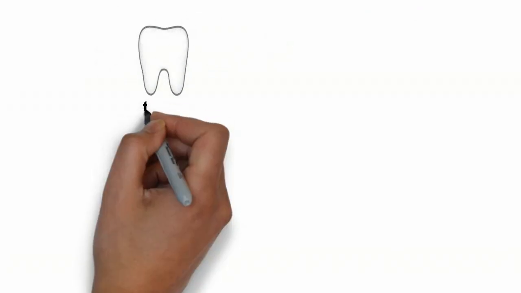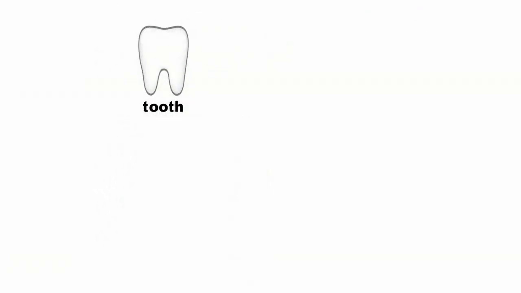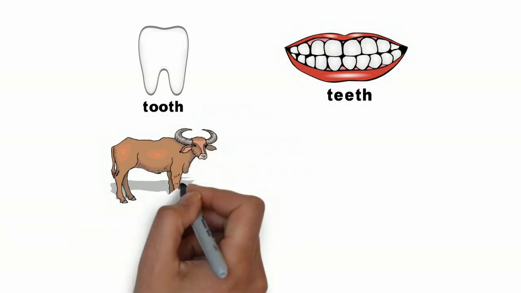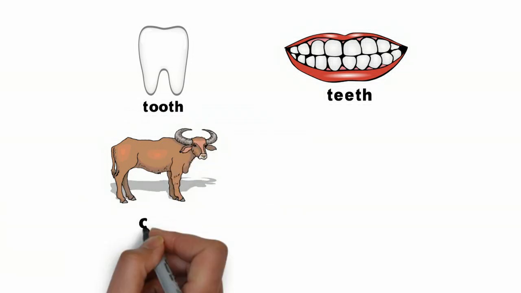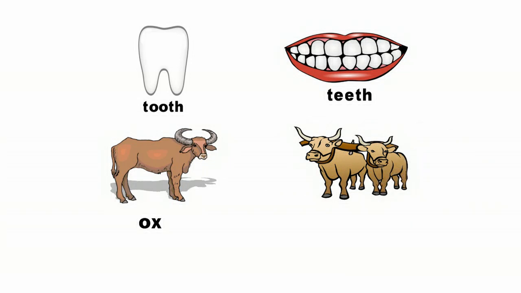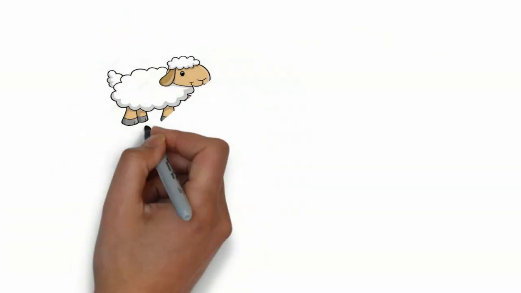Tooth, one tooth. If it's plural, we say teeth. Ox, one ox. Two oxen. We say oxen, not oxes.